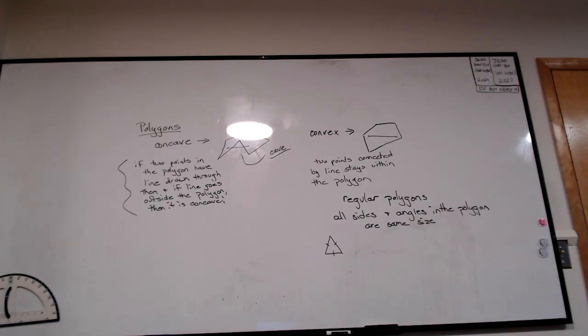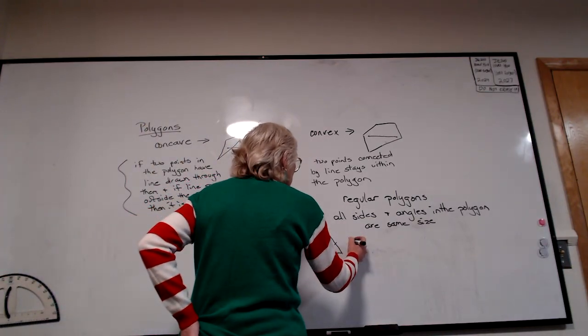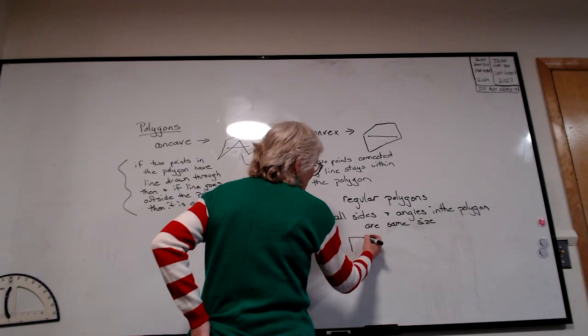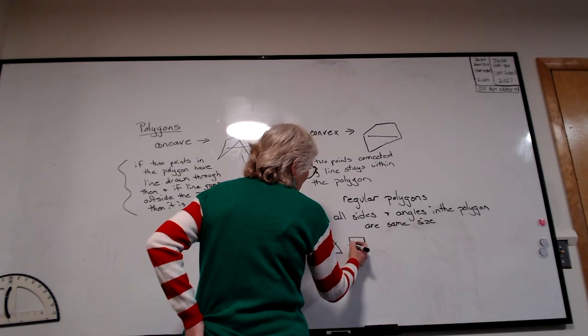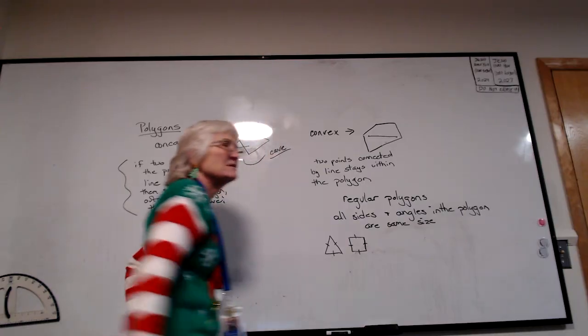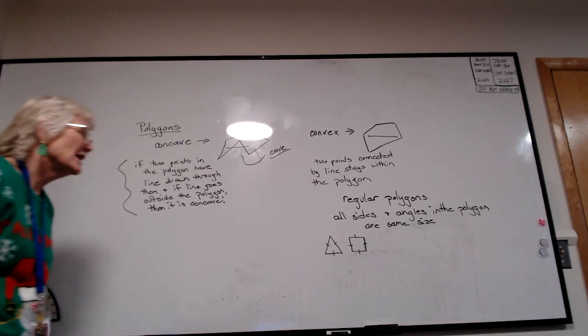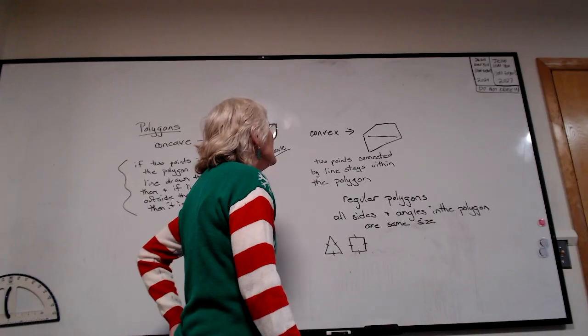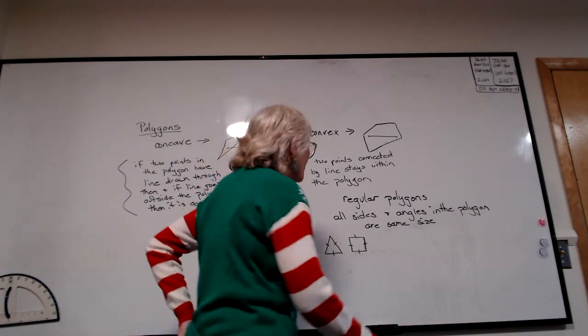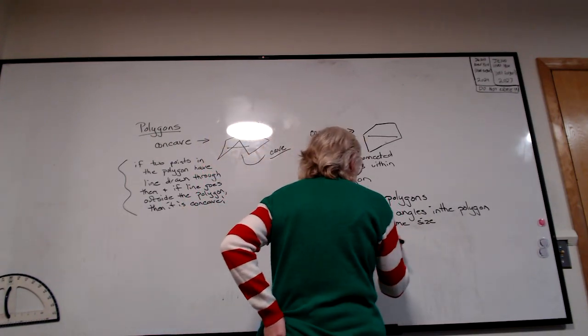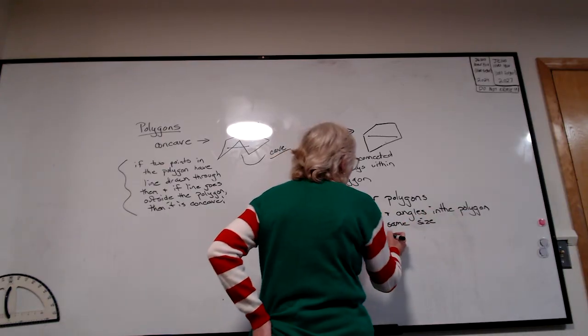Okay? In a quadrilateral, it's a square. Because in a square, all the sides are the same and all the angles are the same. Okay? I can't really draw a pentagon very well, but a pentagon has 5 sides, and it's when all sides are equal.